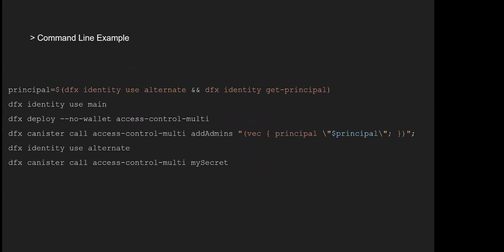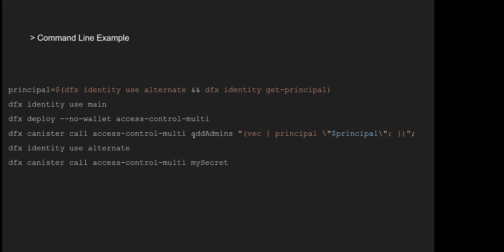Great. Okay, so if we wanted to test this out, here are some commands that we could run. What we're going to do in this first line here is capture the identity of an alternate principal. Then we'll swap back over to the main identity in the DFX command line, and we'll deploy the example.